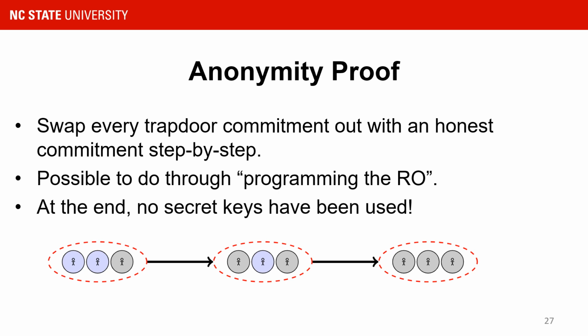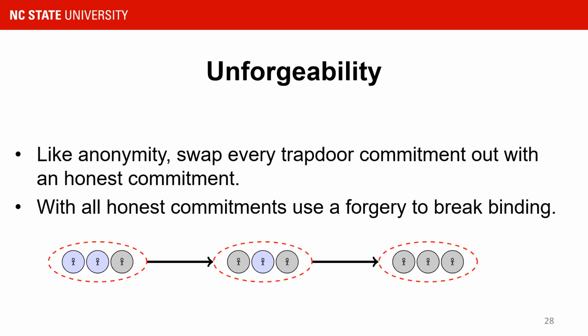Cool. So here, one more thing I want to point out. Anonymity has to do with being able to distinguish 2 things. Unforgeability looks really similar, except at the end, when we have an adversary try to forge a signature, they're not just distinguishing, they're actually going to produce some signature that will verify. So we are going to do something very similar. The first steps of unforgeability look the same in that we're going to swap every trapdoor commitment out with an honest commitment.